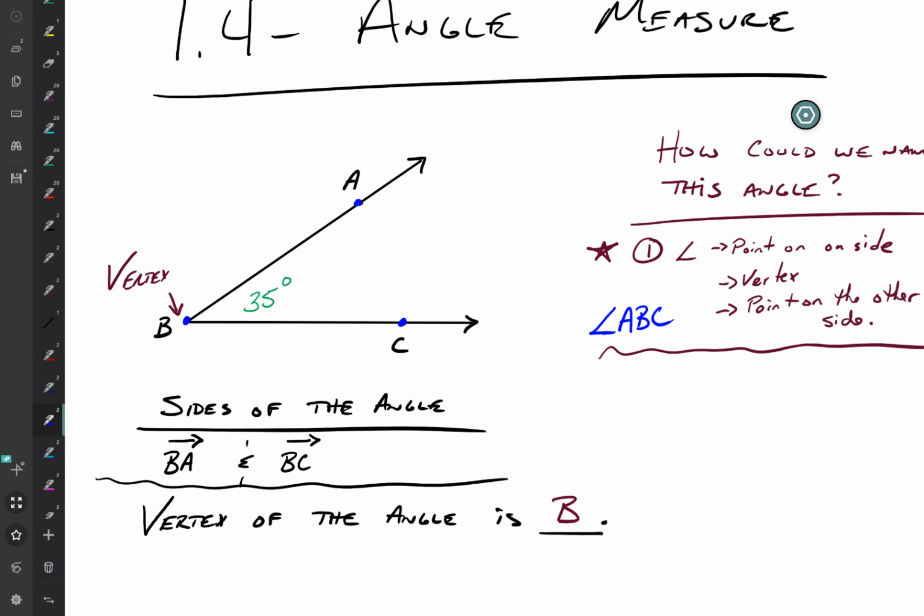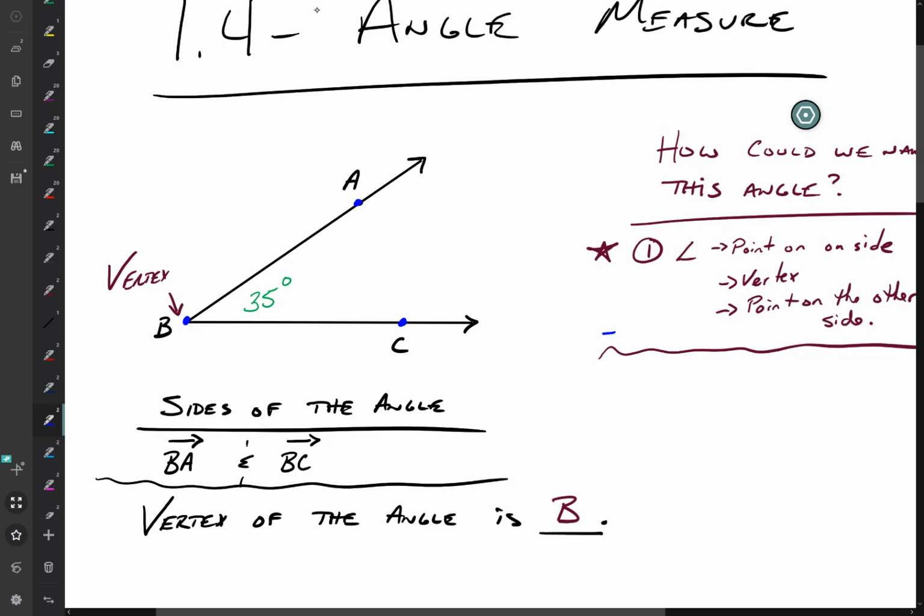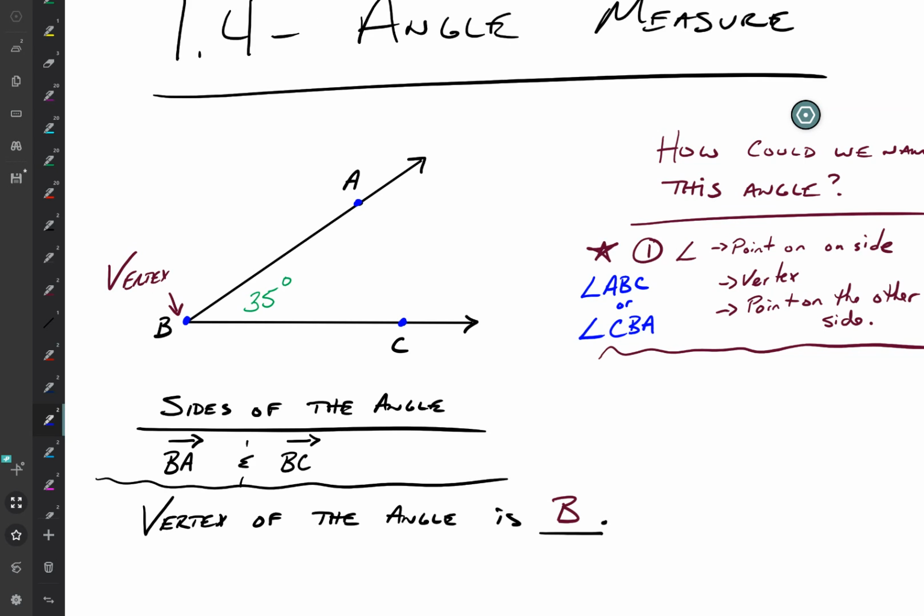Anybody see another way I could name it that way? But you could not name it angle BAC. I know why. Because it's not going with what you said. It's going from the vertex out.